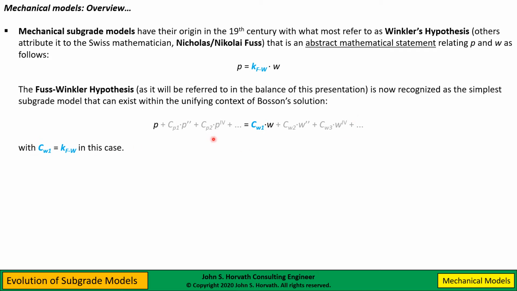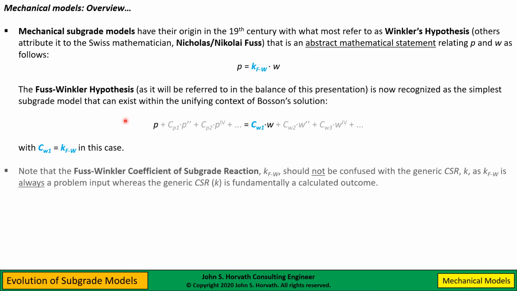And we see the correlation between, okay, now we know that this CW1 coefficient is really the coefficient of subgrade reaction. I'm using a different notation here for the coefficient of subgrade reaction because I don't want to confuse it with a generic coefficient that is really a problem output calculated result. This has to be a known input parameter.